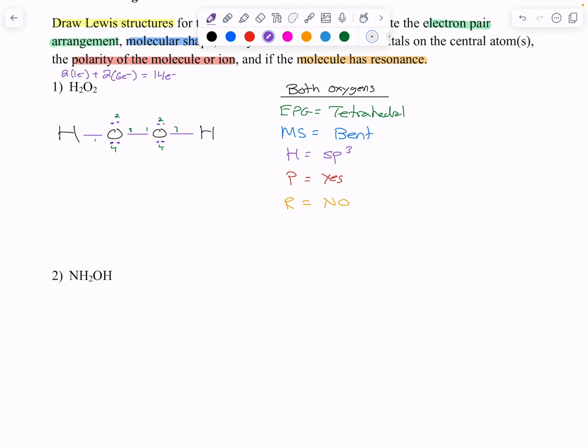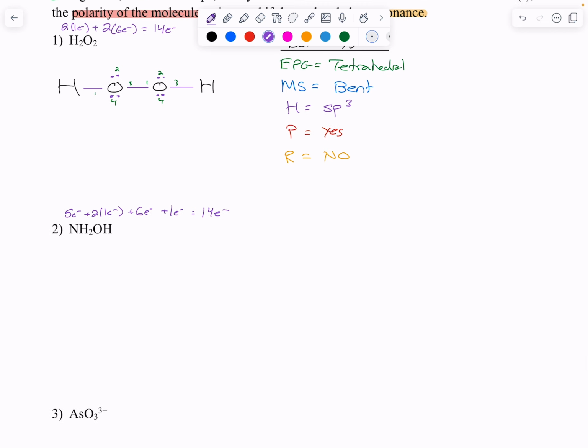NH2OH. Electron count. We have 5 electrons plus 2 times 1 electron plus 6 plus 1. That's 14 electrons again. How is this arranged? Well, I'm going to have maybe an H, N, 2 H's off the N, an O, and an H maybe.